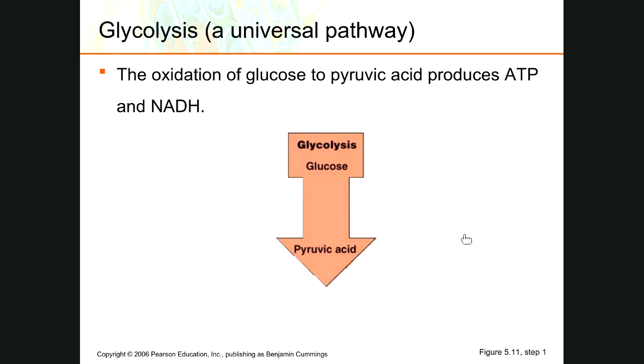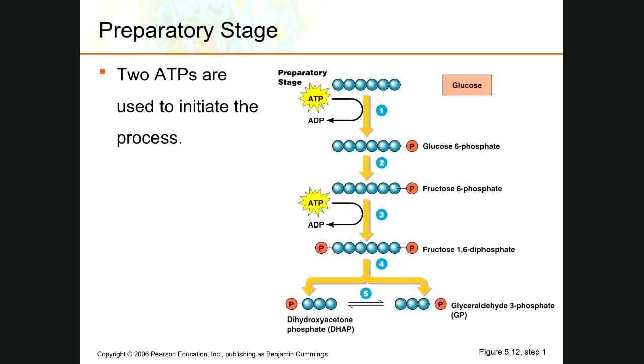If you want to make money, you need money, right? So you need to invest money to make money. Same idea with ATP. In order to make more ATP, you have to invest some ATP to start with. That's why the cell must have some ATP in order to make more. If the cell has no ATP left, it's going to die.